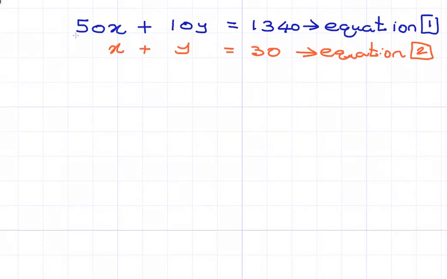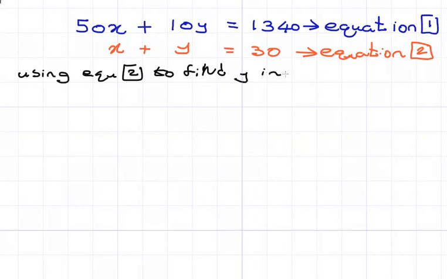So the first method I'm going to discuss is method of substitution. So let's see how to use the method of substitution to find out the values of x and y. So how do we do? First, using equation number 2, we can find out y in terms of x. So what's equation 2?